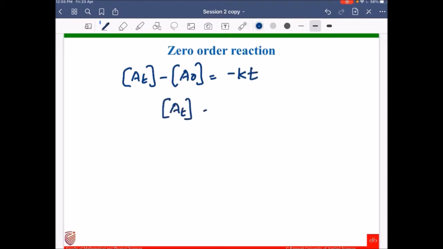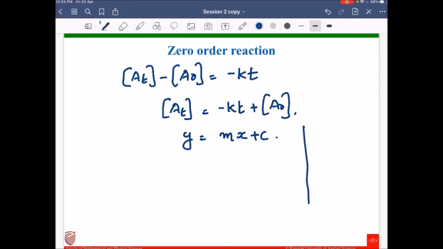I'm rearranging this equation as follows. This equation resembles y equal to mx plus c. This is an equation for a straight line.